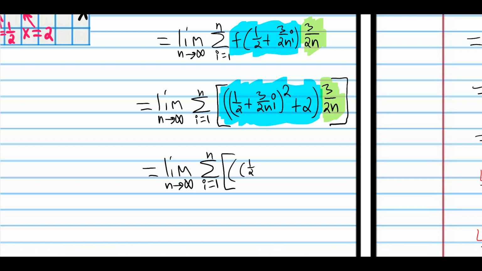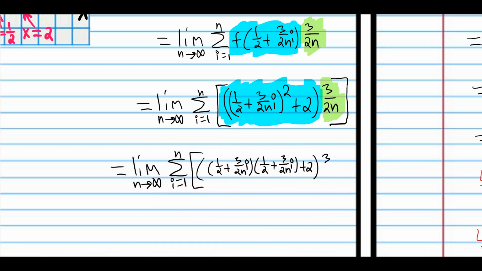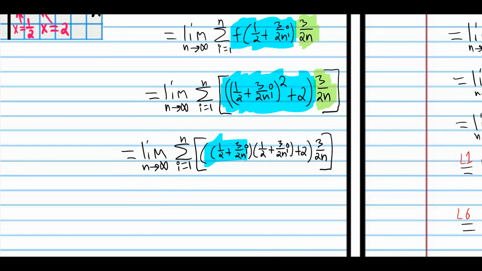So we have 1/2 plus 3 over 2n times i, all times 1/2 plus 3 over 2n times i, plus 2, and all of that is multiplied by 3 over 2n. And then we need brackets. So again, this is all just that blue expression.